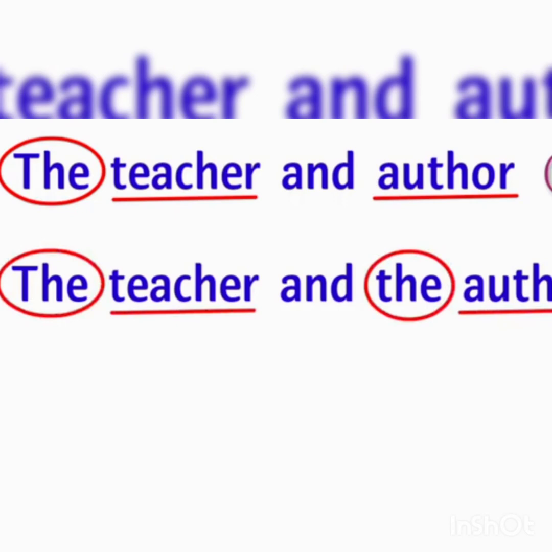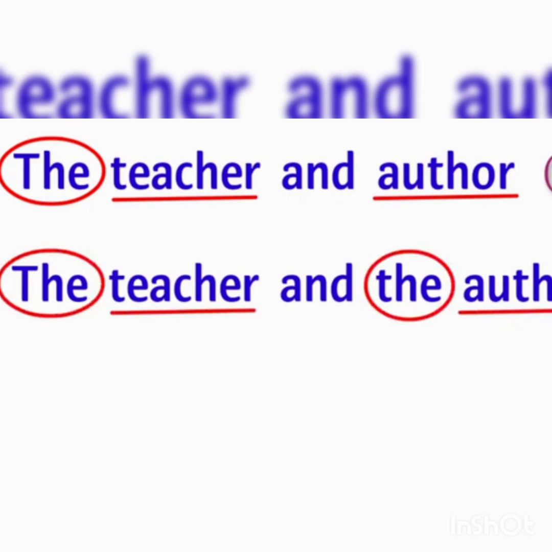We simply have to see the article. If there is an article before both the nouns, that means we are talking about 2 different people at the same time. Whereas if there is an article only before one noun and before the second noun there is no article, that means the person is one and the same. So we are talking about the same person.